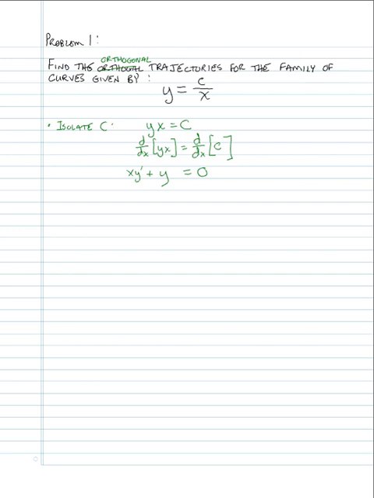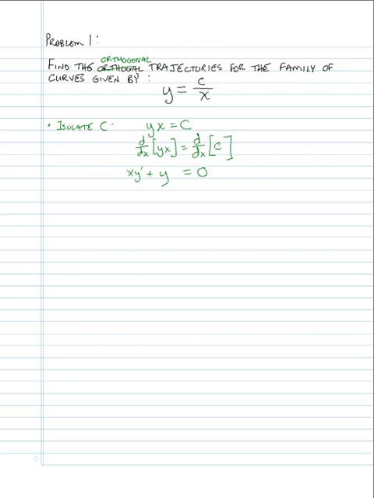Now, later on, if we hadn't solved for c originally, and we had found the derivative just from our original equation, y equals c over x, which we could do, then at a later time we would have c in there, and we would still want to replace every place we saw c with x times y or y times x.